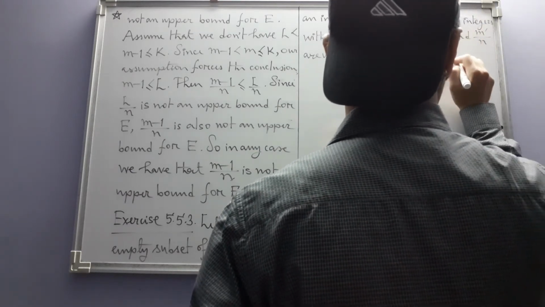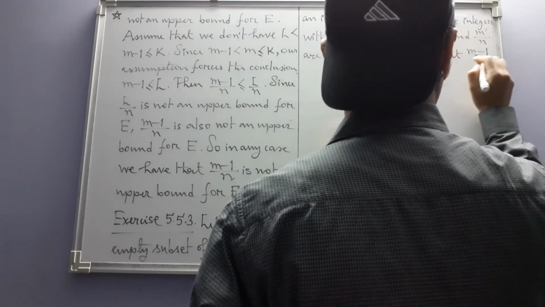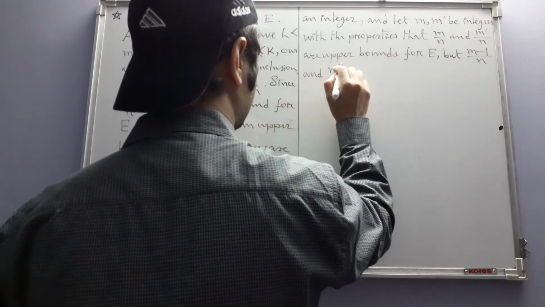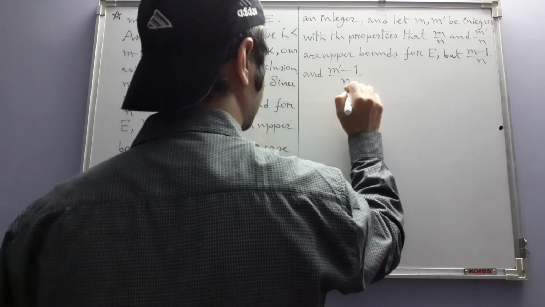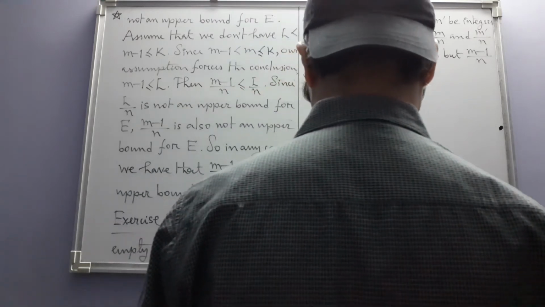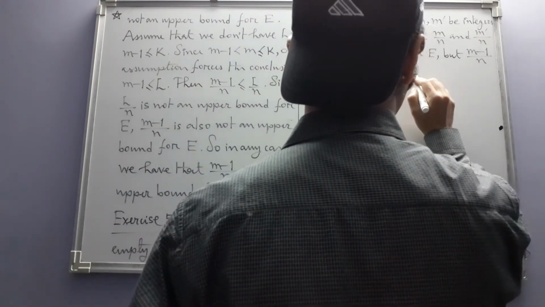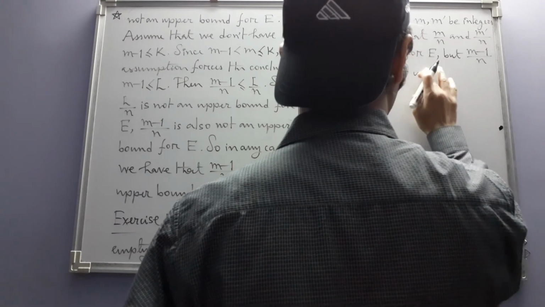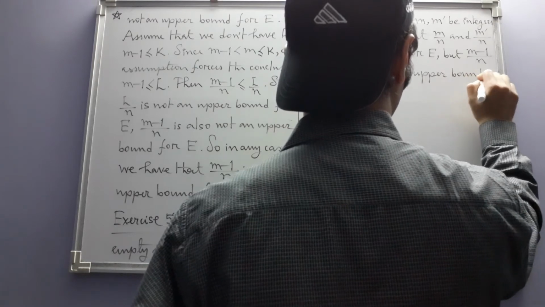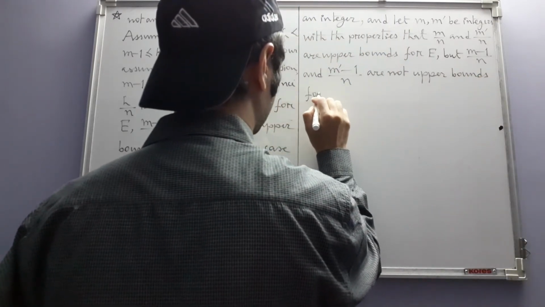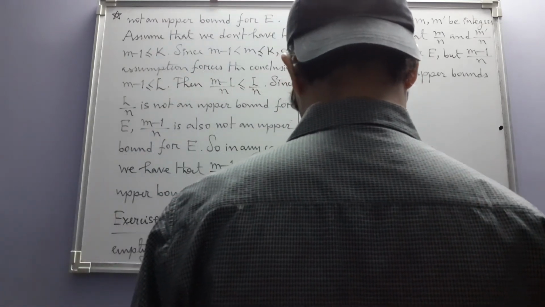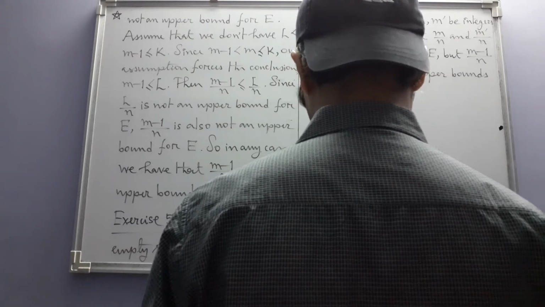But M minus 1 divided by N and M prime minus 1 divided by N are not upper bounds for E. Show that M is equal to M prime.